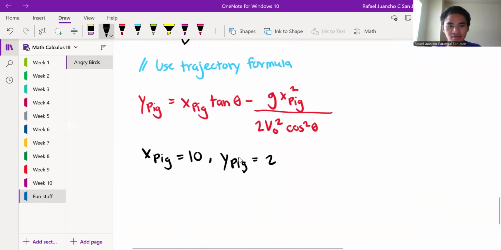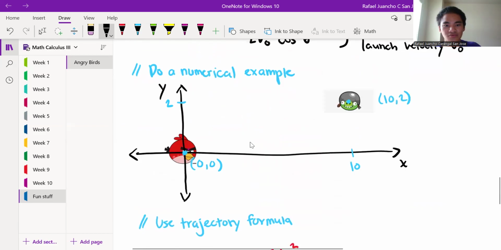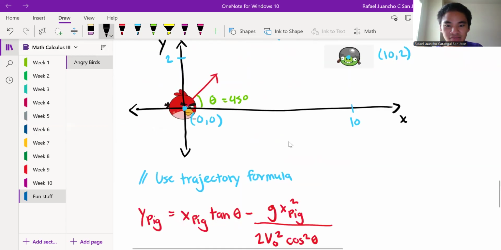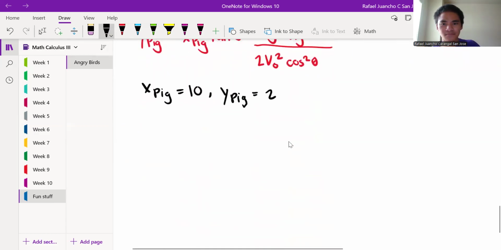Let's do a simple example. Let's say when we're trying to launch the bird, it's exactly 45 degrees. So let's say here our theta is 45 degrees. So we're doing degrees here.